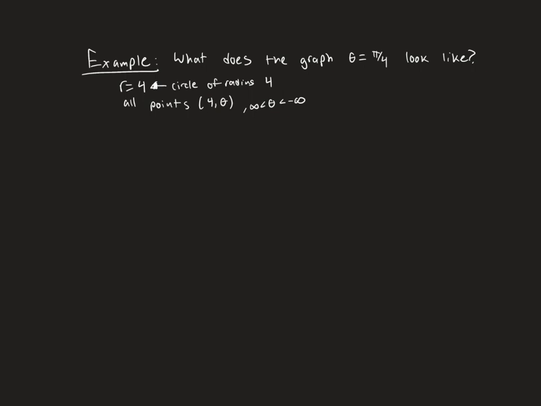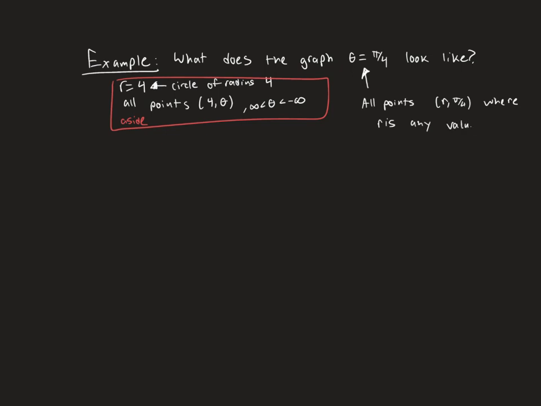Now we're doing a different one, where theta is fixed. So this is all points (r, pi over 4), where r is any value, between negative infinity and infinity. What do these look like? We're thinking about polar.